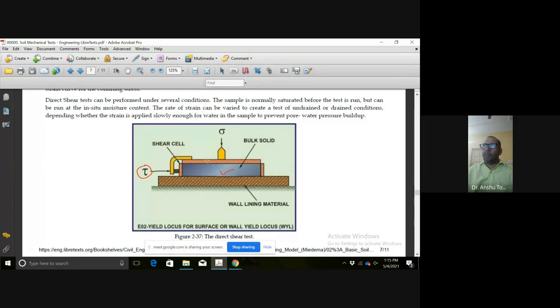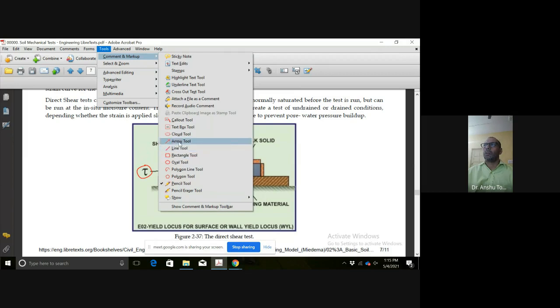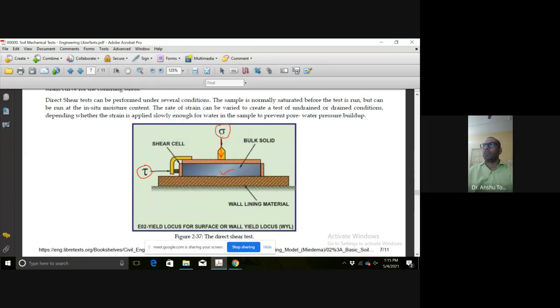This upper portion is having a sigma stress which is applied in the vertical direction. When we are applying vertical stress, that means this particular plate is pressing down.